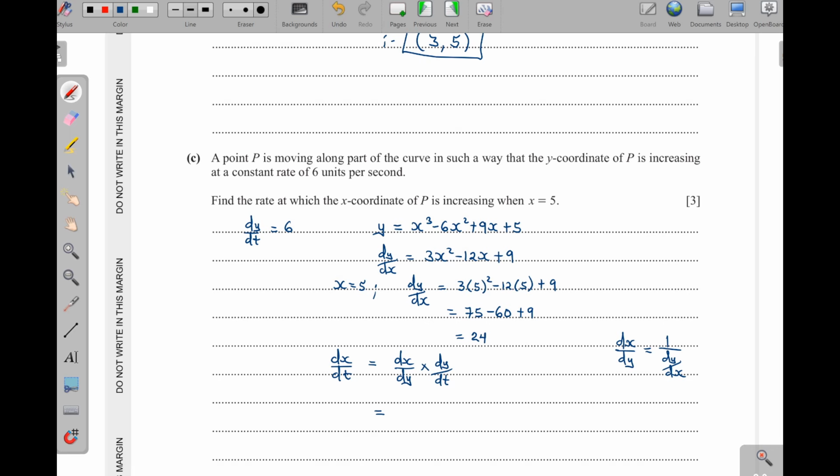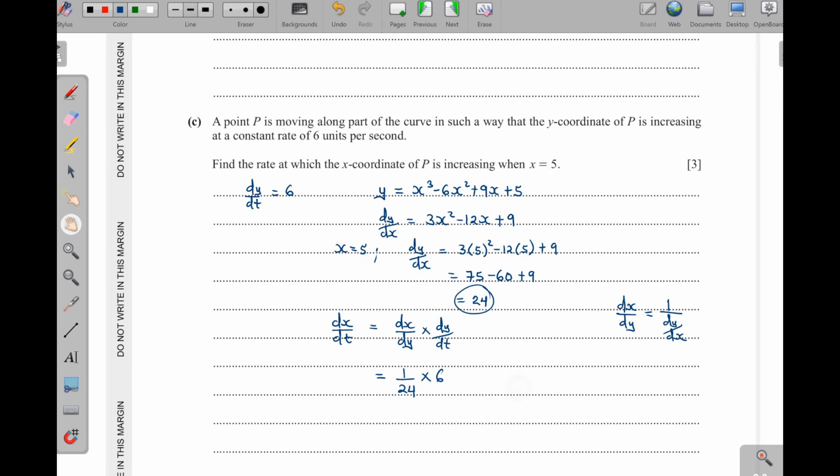So that means we shall have 1 out of the 24 we got here, then times our dy/dt, which is 6. And 6 goes into 24 how many times? 4 times, right? So that means our final answer becomes what? A quarter. As simple as that.